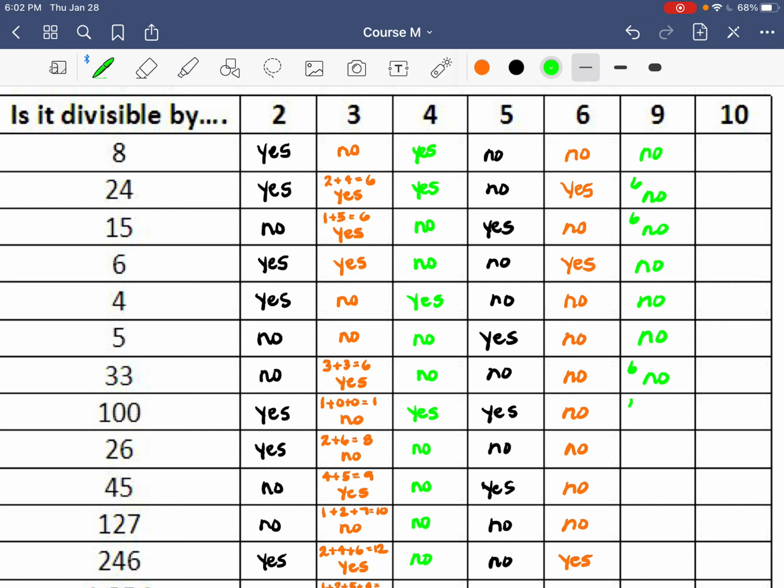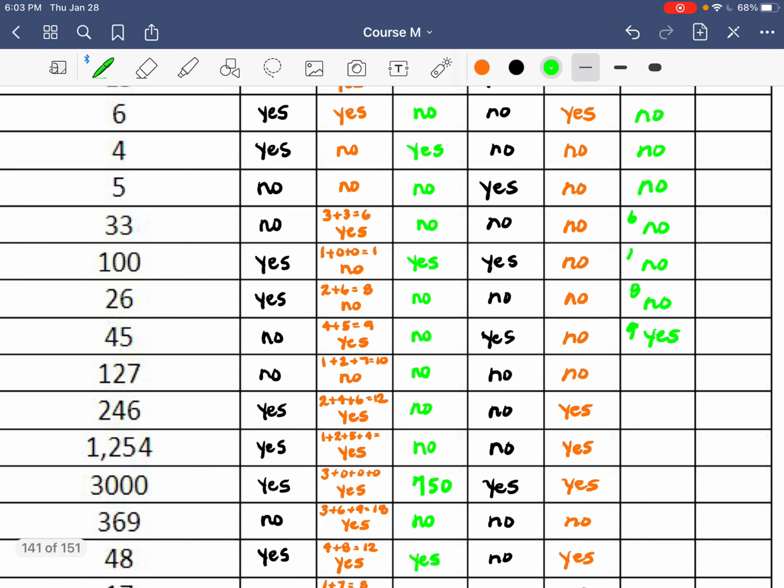100 adds up to 1, so that's a no. 2 plus 6 is 8. That is a no. 4 plus 5 is a 9, and so that is divisible by 9. 127, that's a 10, and that's not divisible by 9. 246 is 12.